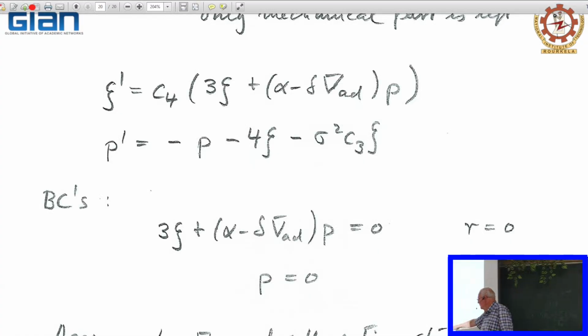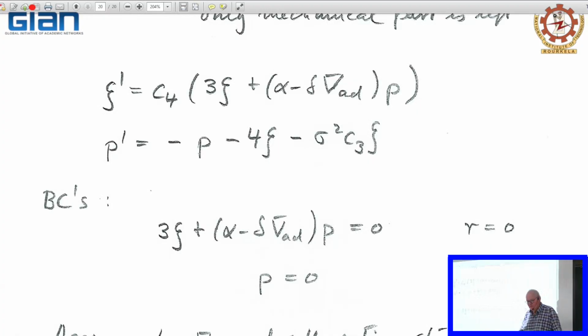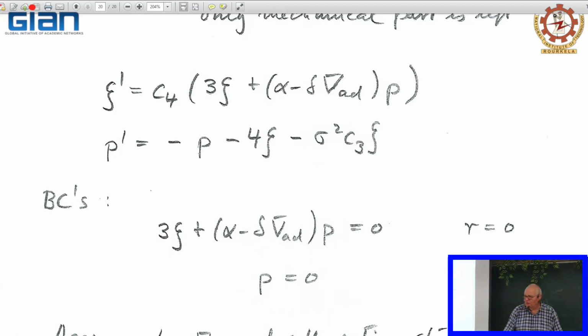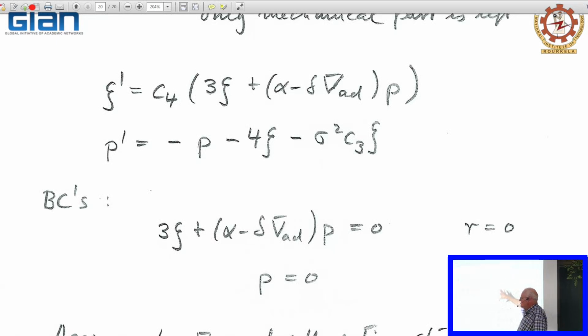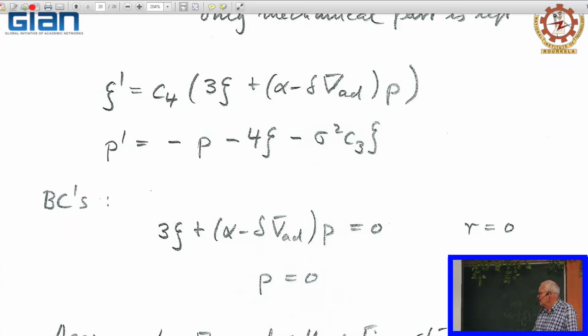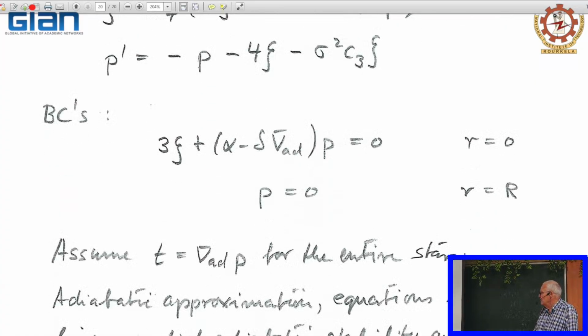Well, if we assume this adiabatic change of state for the entire star, of course, then this system would be valid for the complete star, and we could try to solve this system independently of the full non-adiabatic equation and see what the results will be.